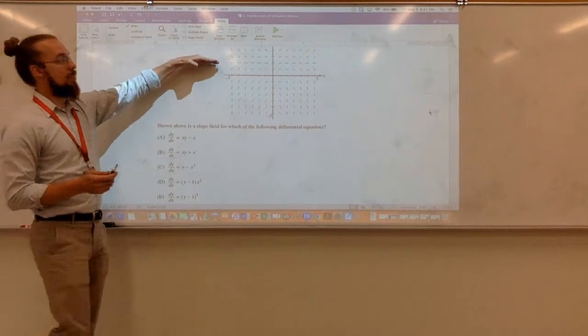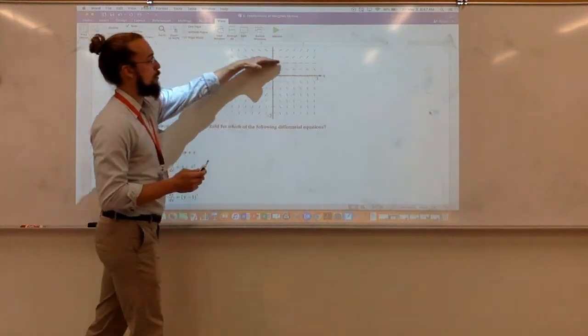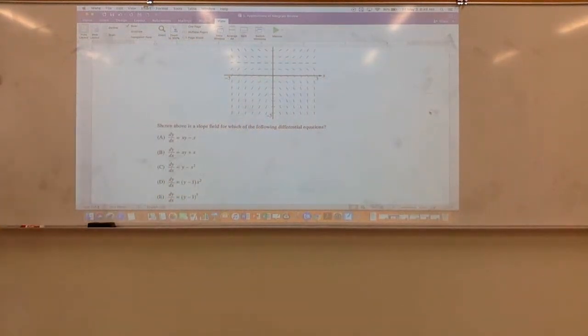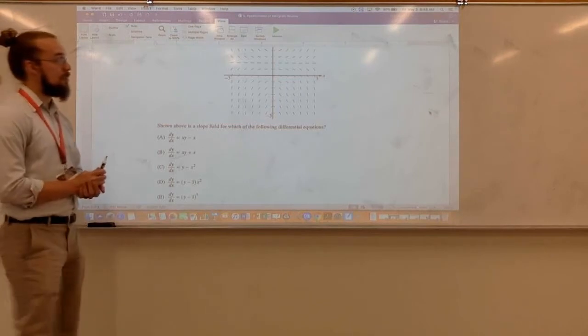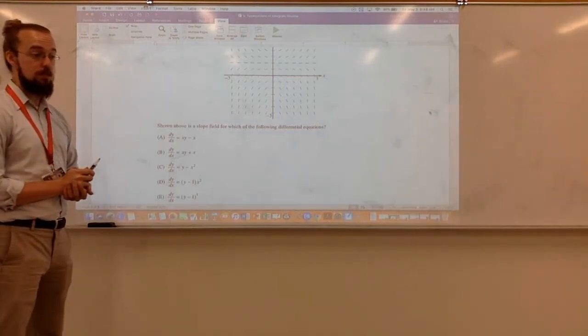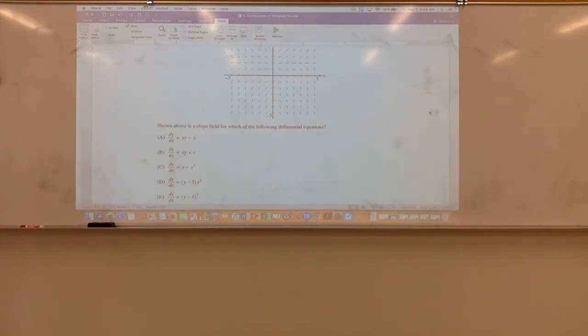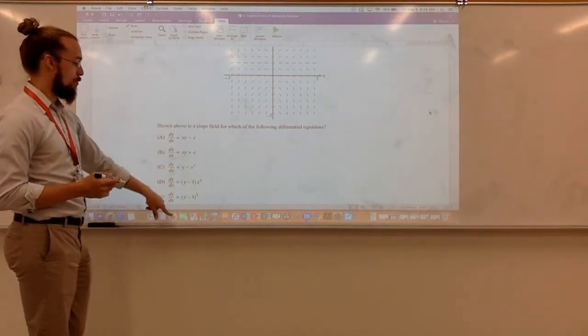Right off the bat, I see right through here, whenever y is equal to 1, we have a slope of 0. Okay, so whenever y equals 1, we have a slope of 0.